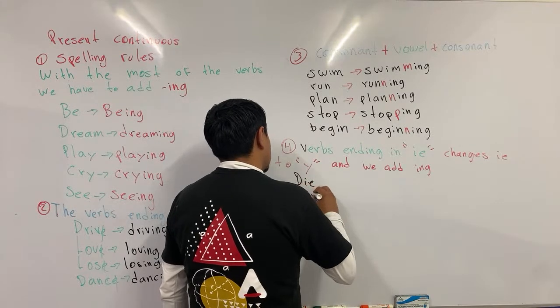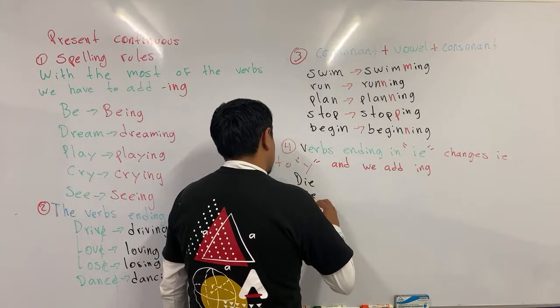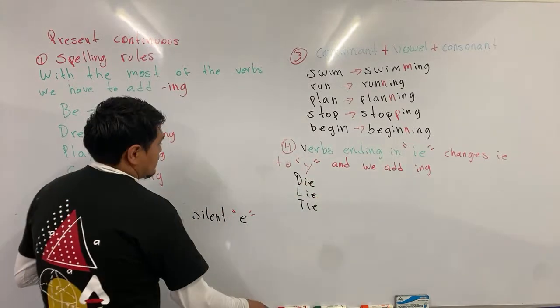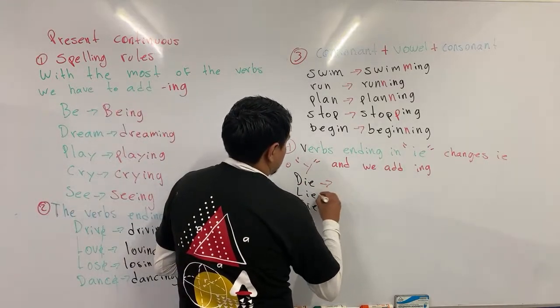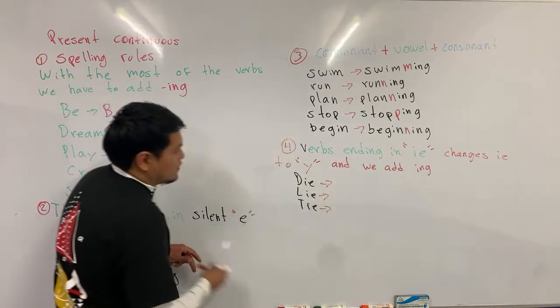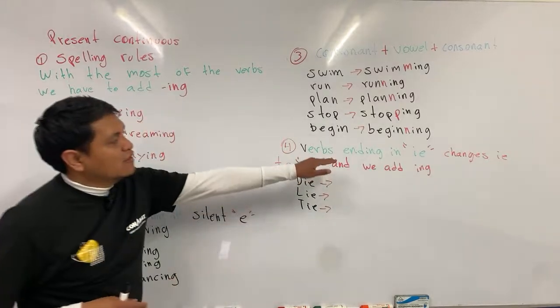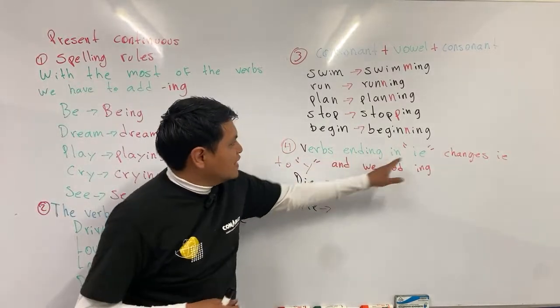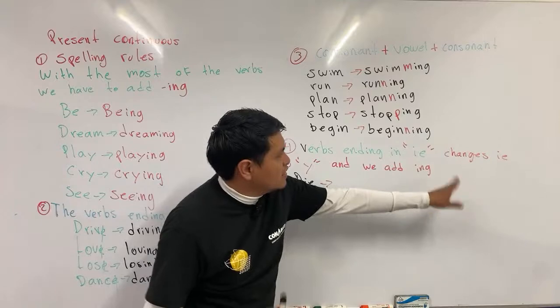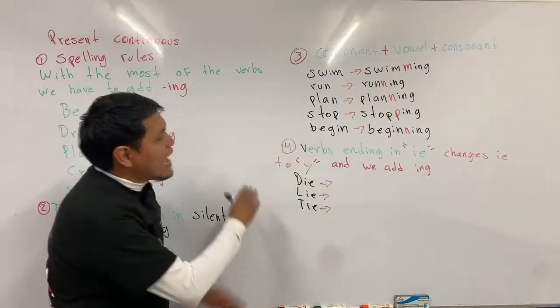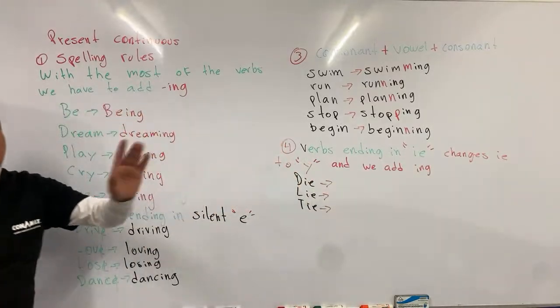Die, lie, tie. Changes. The rule says verbs in ie change ie to y and we add ing.